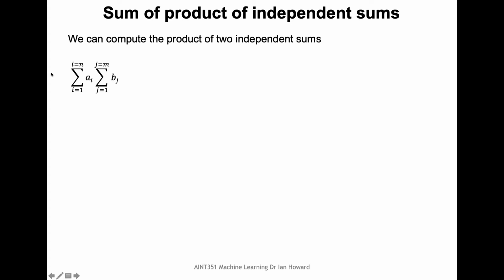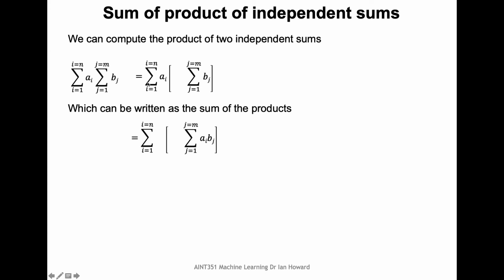When I say independent, it's because AI only depends on I and BJ only depends on J. So we can calculate the sum across all A's and then multiply it with the sum across all B's. We can think of that as first calculating the sum across B and then multiplying with the sum across all A's.